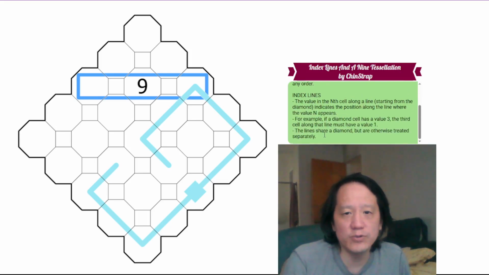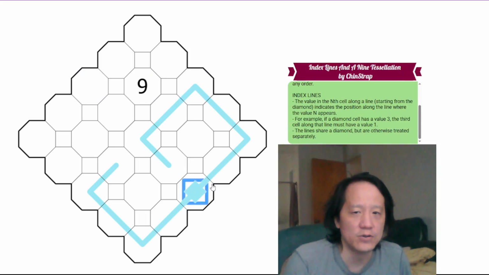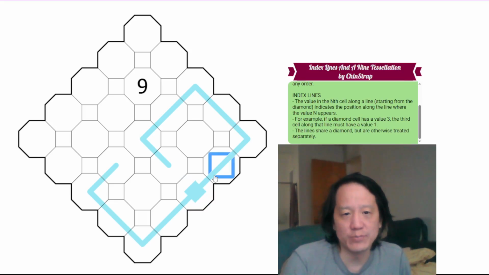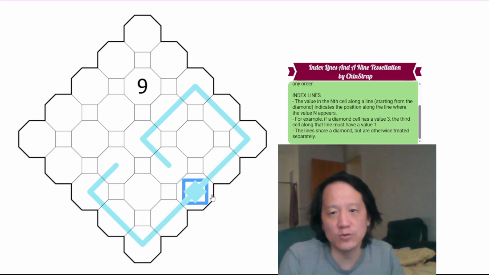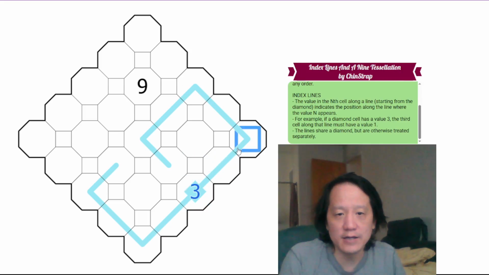And finally, we have index lines, where the value of the nth cell along a line, starting from the diamond, which is here, indicates the position along the line where the value n appears. For example, if a diamond cell has a value of 3, the third cell along that line must have a value of 1.